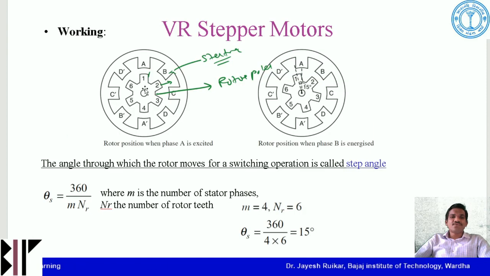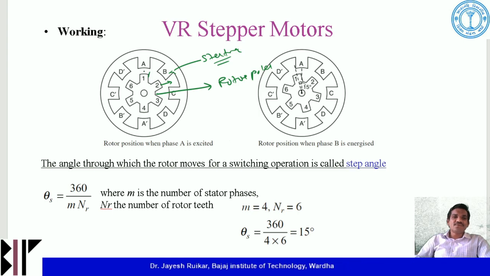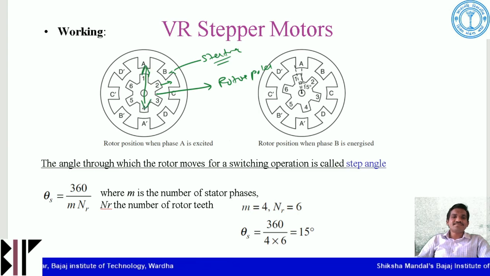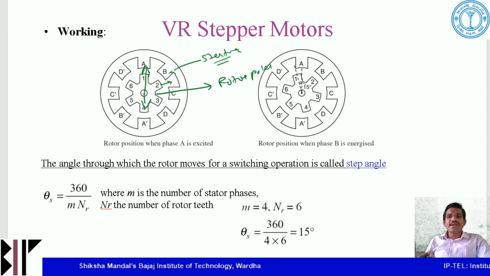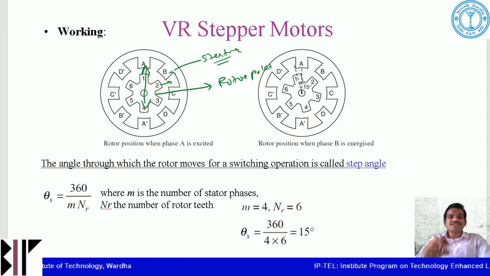The stator poles attract the rotor teeth and it will rotate to get a position with minimum reluctance. So whenever S1 is pressed, A is energized.